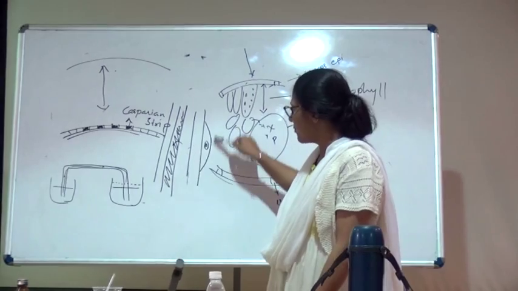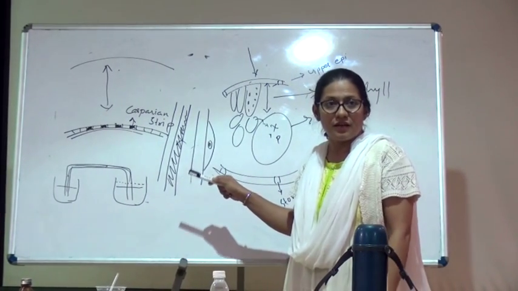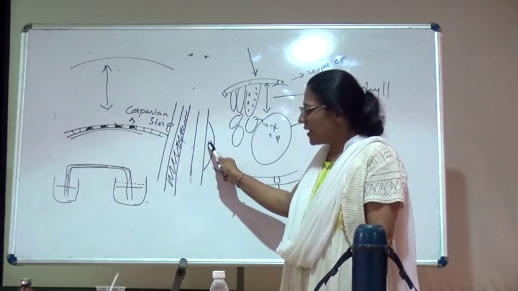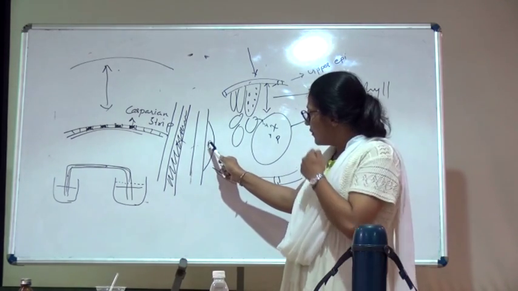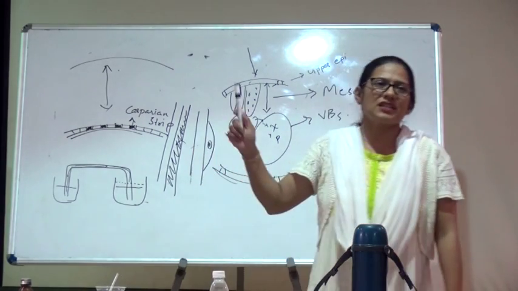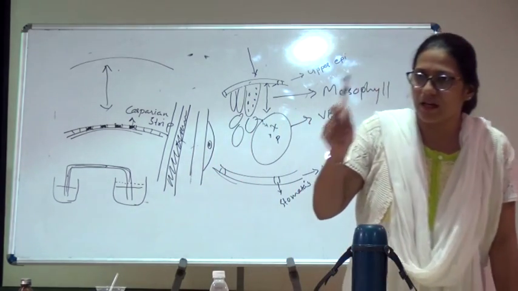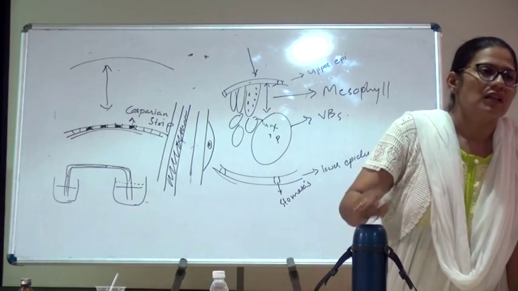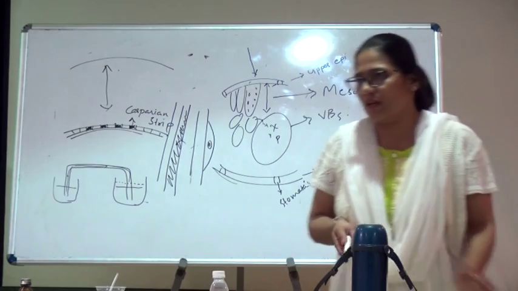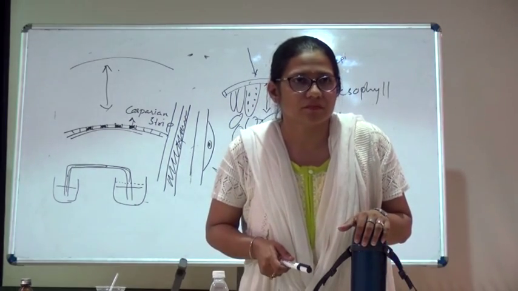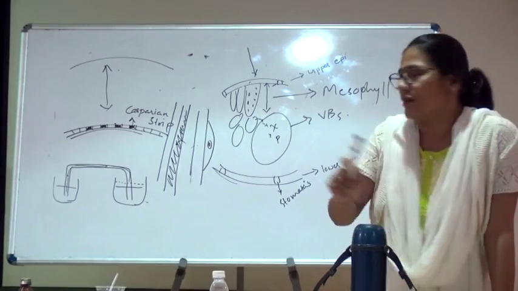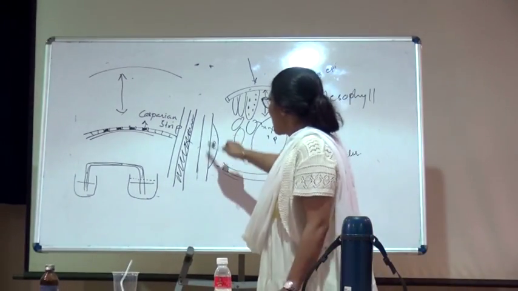We have seen that this companion cell is a living cell, so all the metabolism is done in the companion cell. Because it has a nucleus, there is always synthesis of protein also. Energy is also being synthesized in this companion cell.